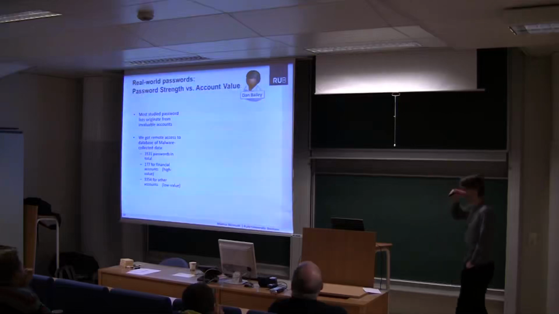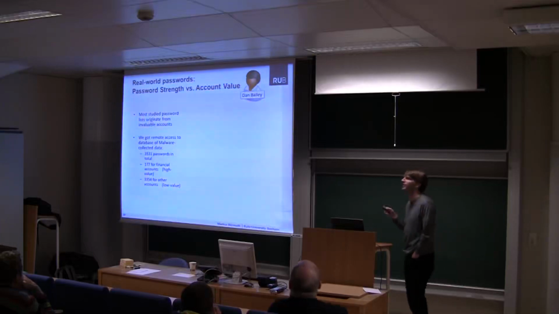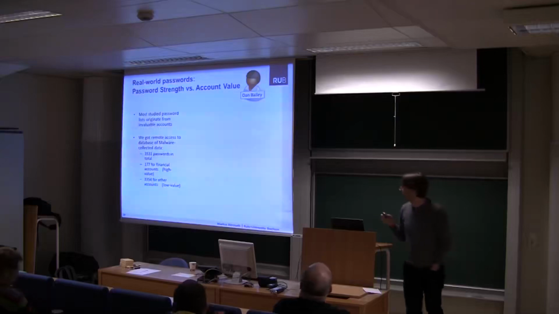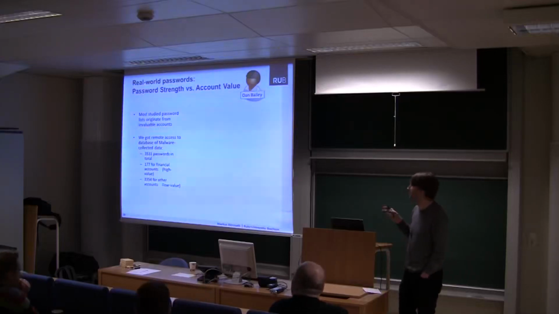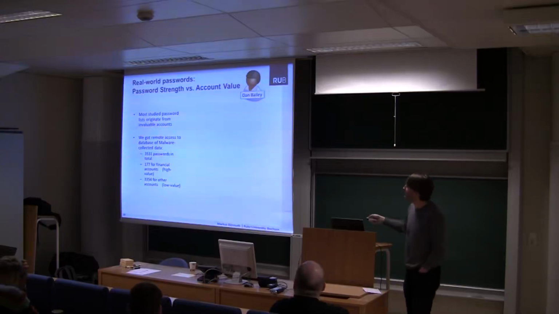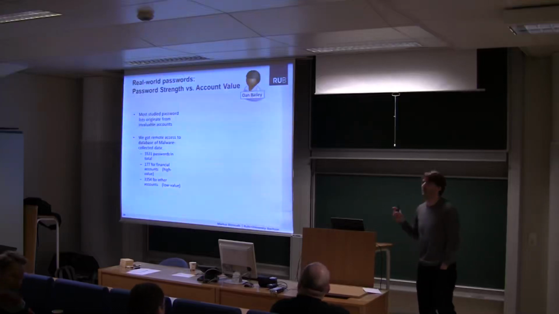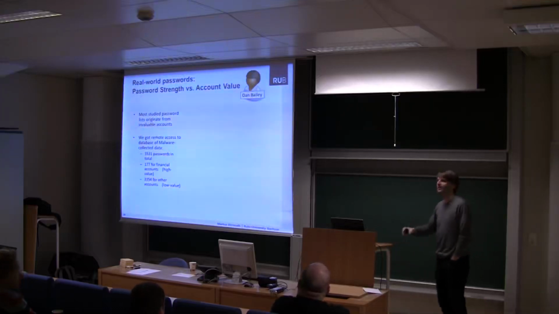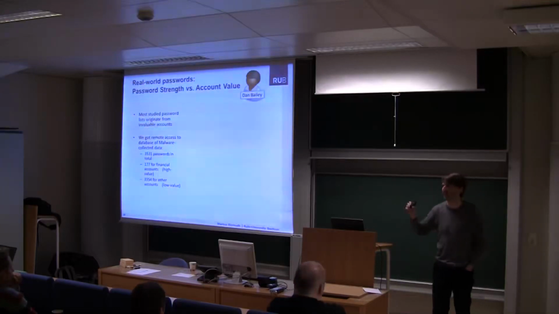We do have a list of passwords extracted from a malware dump that a company, which is a subdivision of another company, collected over the years, or over the month actually. We extracted around 3,500 passwords. From those, around 177 were for financial accounts. So we were interested in comparing weak and strong, so unimportant and important passwords.